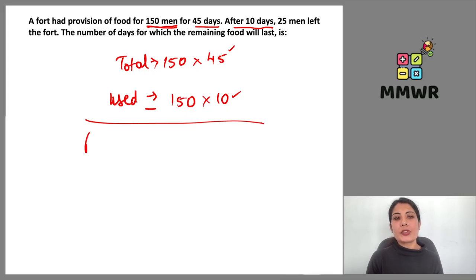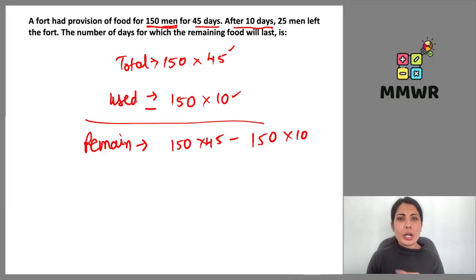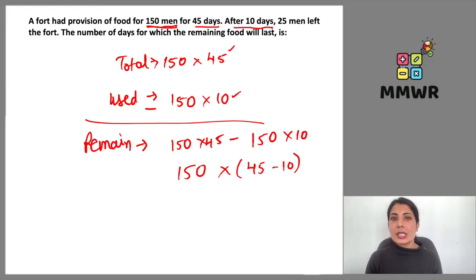Remaining we have to find out, so we will get it by taking the difference: 150 multiplied by 45 minus 150 multiplied by 10. So in short 150 will come out, multiplied by 45 minus 10 in the bracket. So this gives me 150 multiplied with 35.